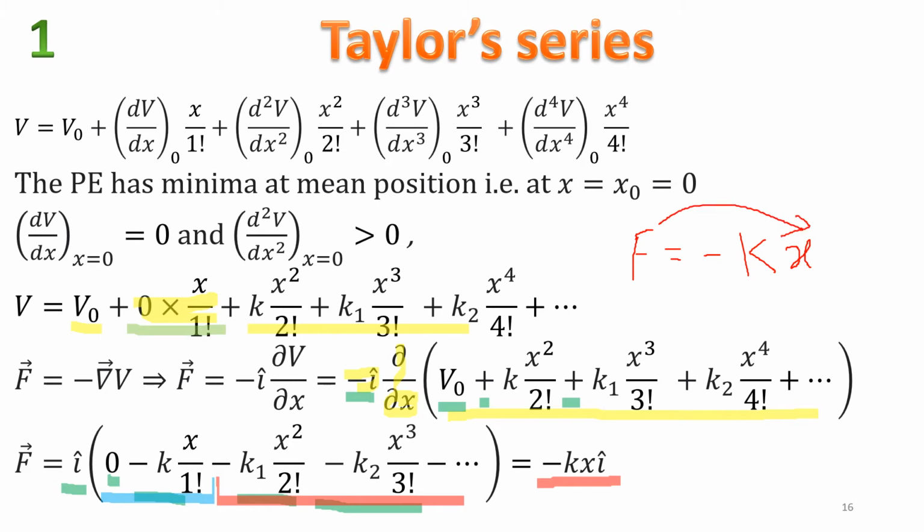The constant of proportionality is k, and the minus sign indicates that in simple harmonic motion, the particle is going on either side, and when the particle is going on either side, the force F is directed towards the center. During this, the force is directed this way. So this is the mean position on which the force is directed, and it is indicated by the negative sign present over here.